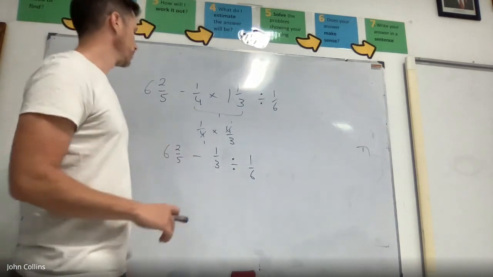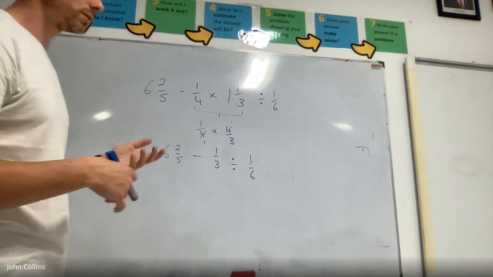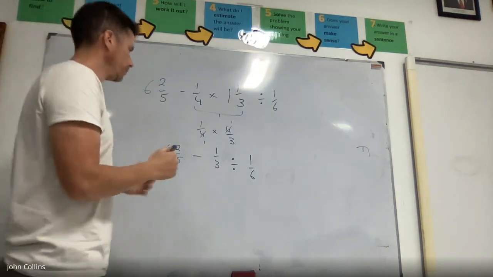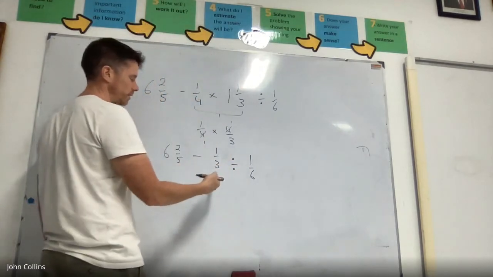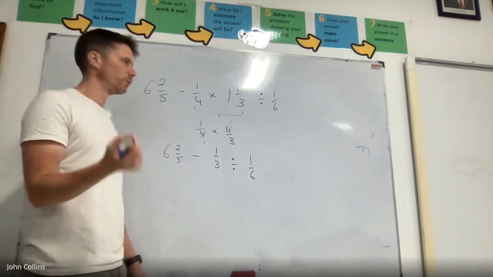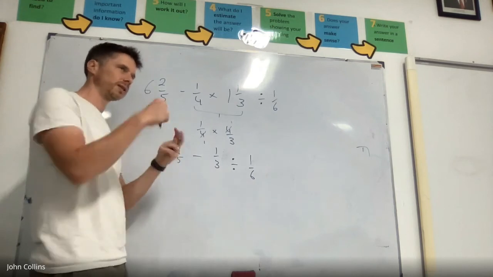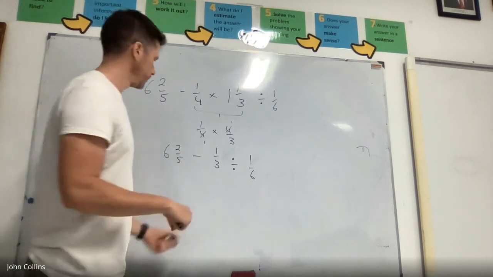Okay, so 1/3 divided by 1/6. Let's think about that. 1/3 of something divided by 1/6. Well, we could probably visualize that in boxes, which we may look at in a second, but even just thinking about it in our head, I think 1/6 fits into 1/3 twice. It'd be 2/6 in a third, so I could probably just work that out in my head. 2.